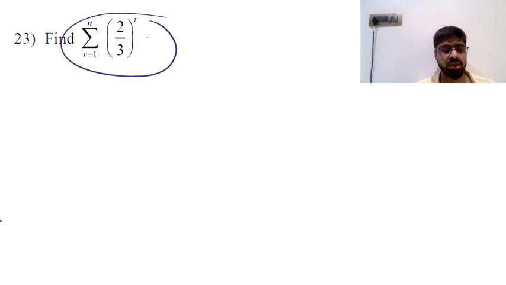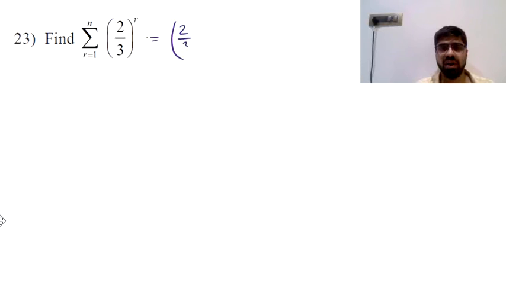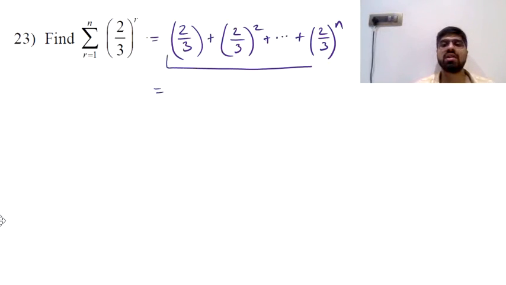The 23rd question, if you try to expand the sequence, when you put r as 1, you get 2 by 3 power 1. When you put r as 2, it is 2 by 3 the whole square. And that keeps on continuing up till the nth term, which is 2 by 3 power n. So this is a GP, and these are the sum of n terms of a GP. It is given by a, that is the first term, which is 2 by 3, into 1 minus r power n.